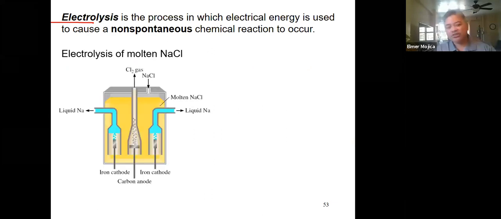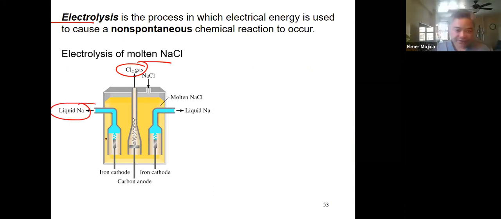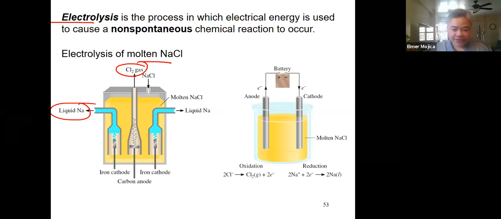So here, an example that we have, NaCl. You apply energy to that, you can get the Cl2 gas and the liquid Na. Water, okay, is another example. So if you do this in your experiment, remember the KI?